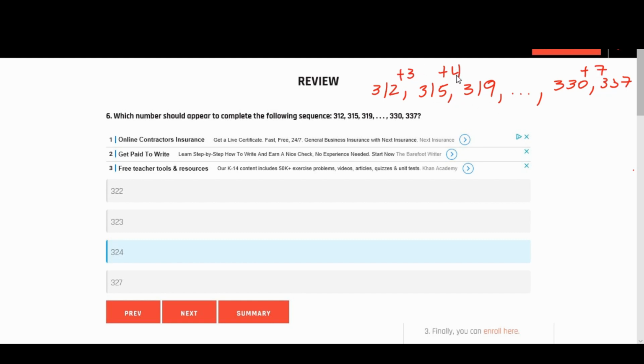So this is plus 3, this is plus 4. I know this is going to be plus 5. 319 plus 5 is going to be 324, and again, this is going to be plus 6. 324 plus 6 is 330. 330 plus 7 is 337. So in light of that, we know we found the right sequence, and the correct answer.